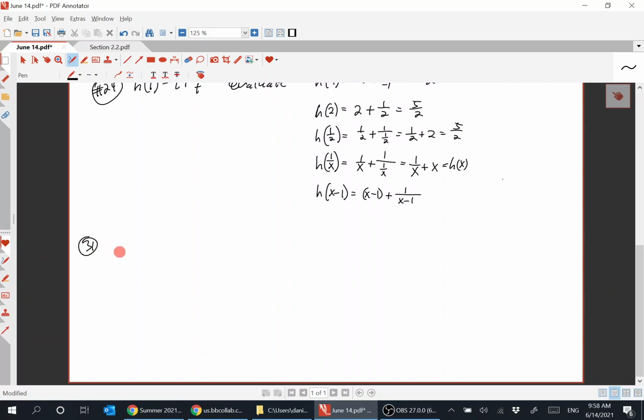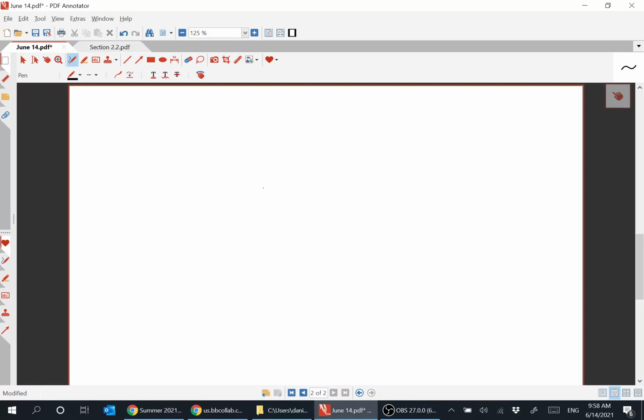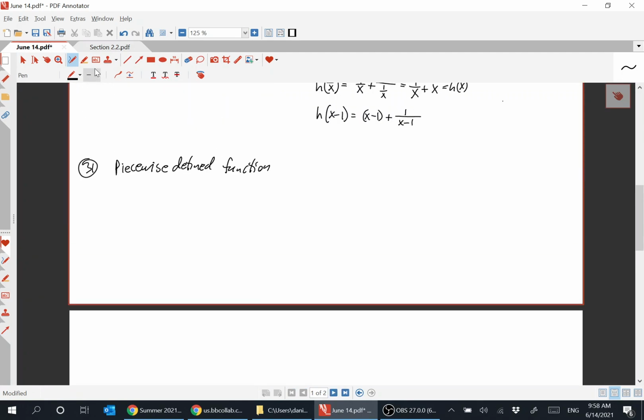This type of function in 31 through 35 is called a piecewise defined function. Essentially, the domain of the function is broken into pieces, and on each piece, the function is defined differently.